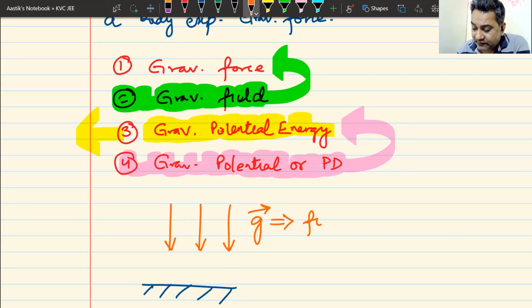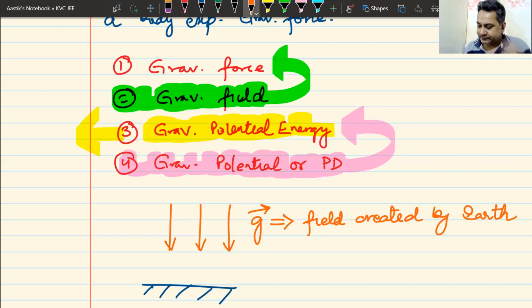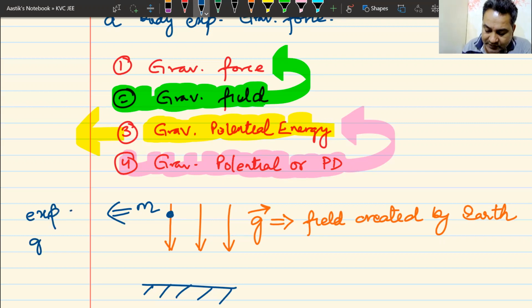This G vector is the gravitational field created by Earth. Nothing else happens here, but as soon as I put a block of mass m, this block experiences gravitational force.